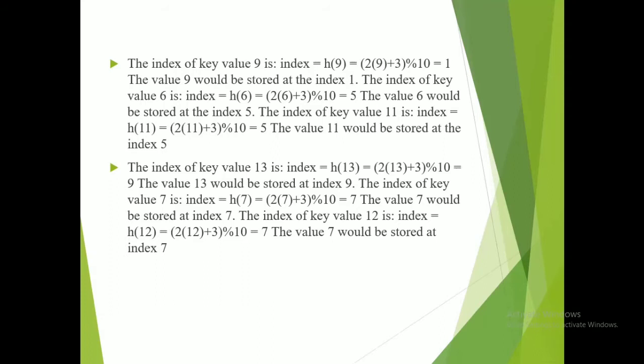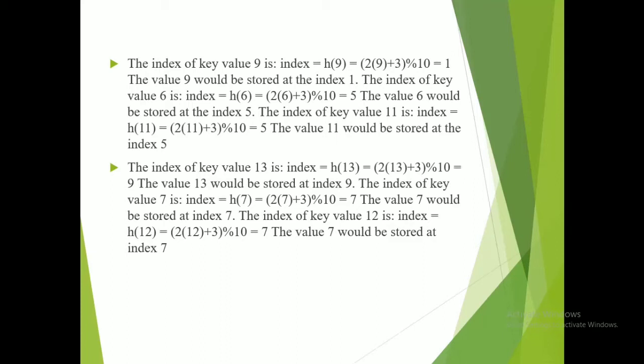Index h(9) = (2 × 9 + 3) mod 10 = 1. The value 9 will be stored at index 1. The key value is 6. Index h(6) = (2 × 6 + 3) mod 10 = 5. The value 6 will be stored at index 5.